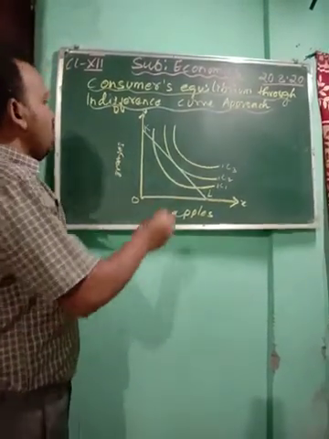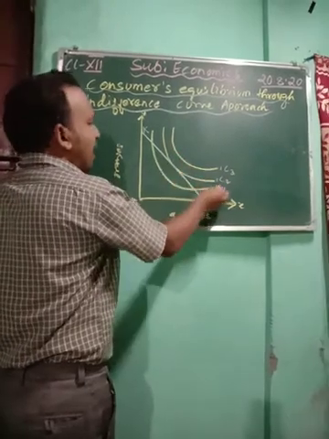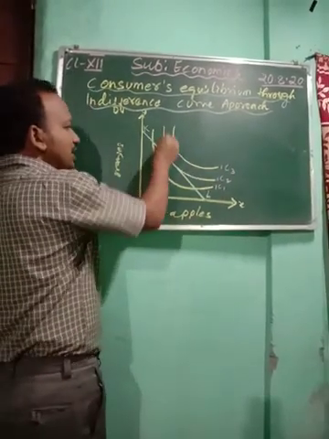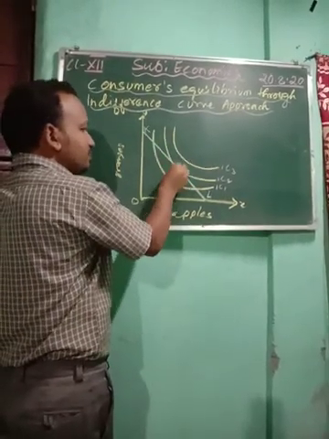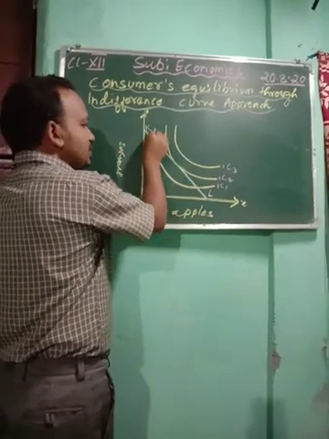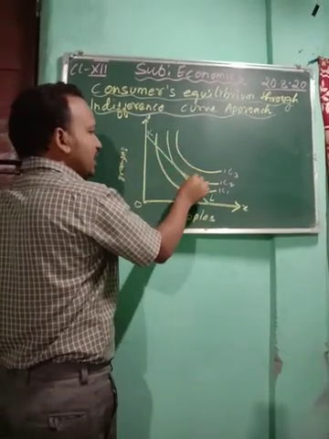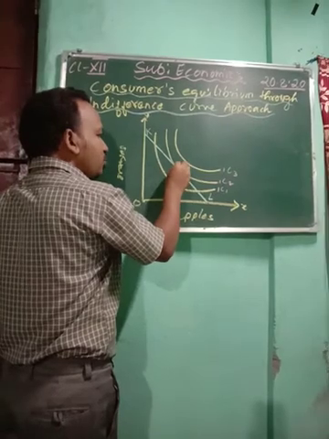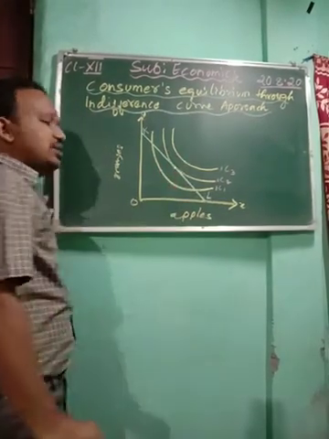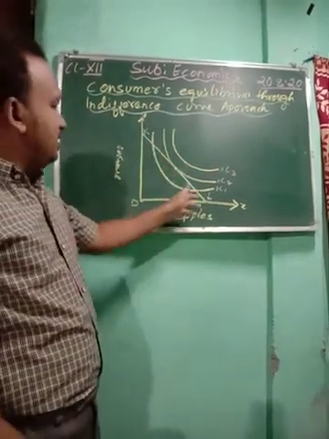Okay, now you see, the consumer is attaining equilibrium in IC2. Why? Because IC2 is touching the budget line. That means this is the point where the consumer is able to get equilibrium. The budget line is what?